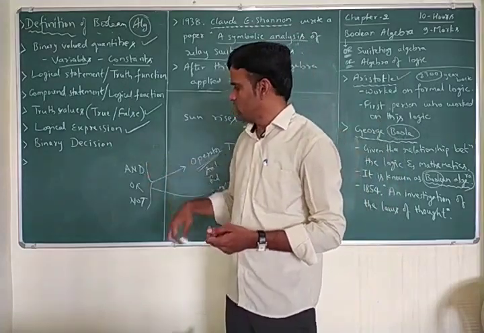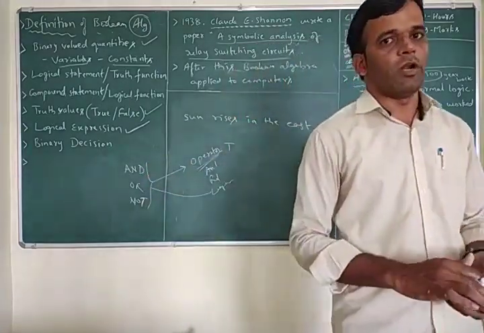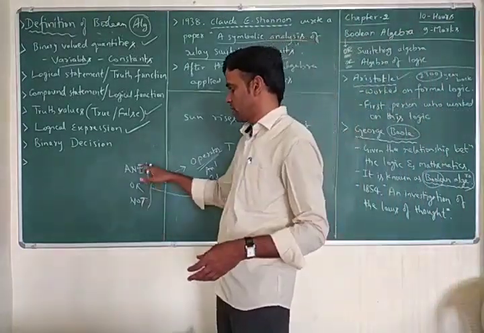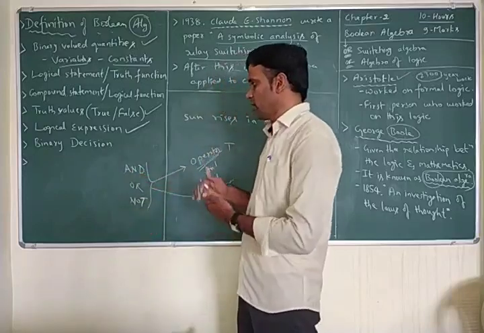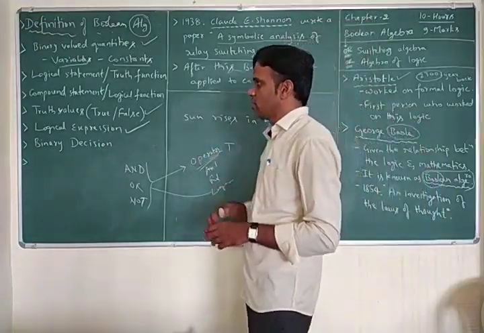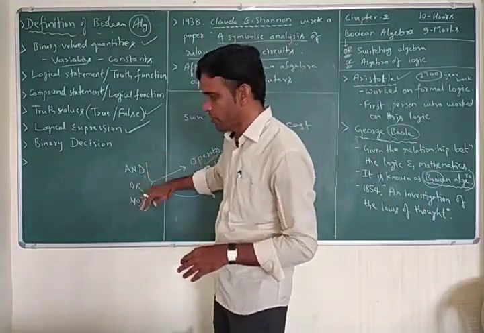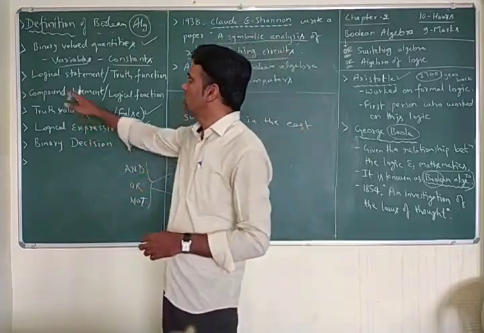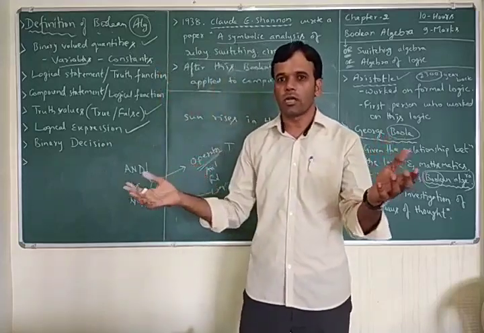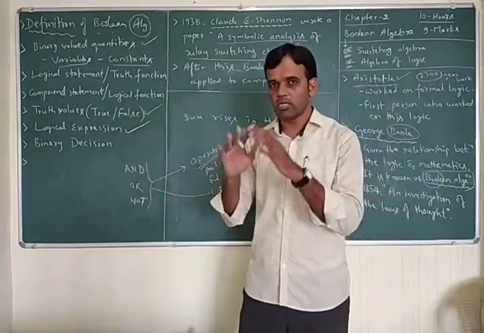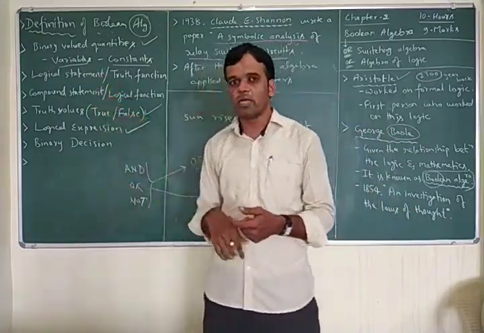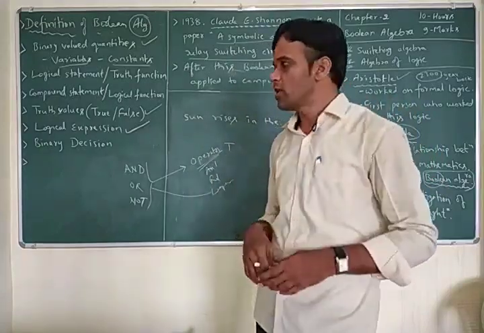There also we have seen and, or, not. The property is going to be the same wherever these logical operators come. So compound statements are statements where we use these operators to connect two or more simple logical statements. The simple statements can be called the components of the compound statement.